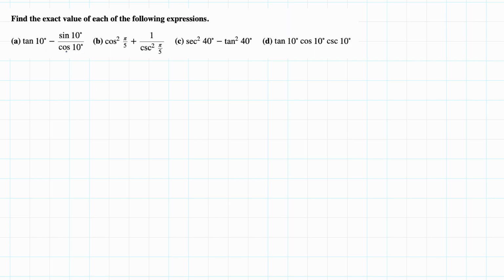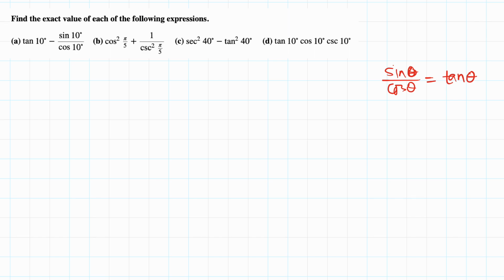And if we look closely at part A, we have a fraction, sine over cosine. That's a quotient identity. So when we have sine of some angle over cosine of the same angle, that is tangent of the angle.